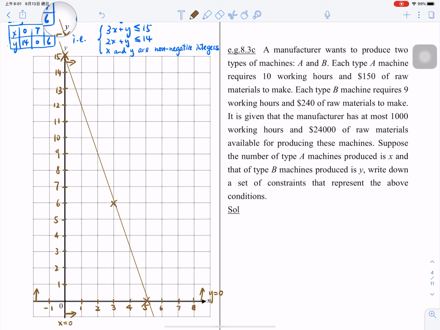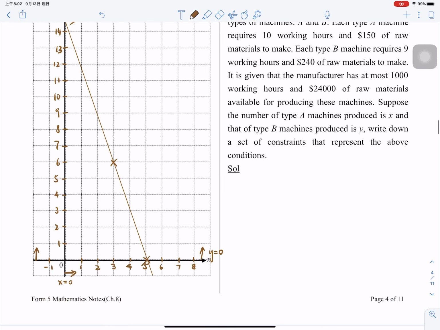Yeah, it's better, right? Maybe right back here. Yeah, just now this one is better. Okay, this is the straight line 3x plus y equals 15. Remember all the straight lines with the equal sign. Okay, equal sign.